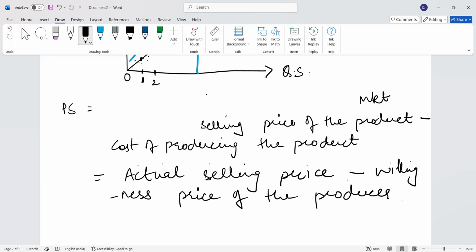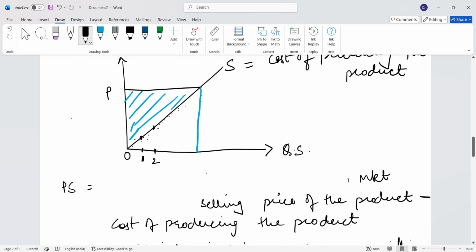All right, that's what it is. That's the producer surplus. So similar to consumer surplus, we have this producer surplus.